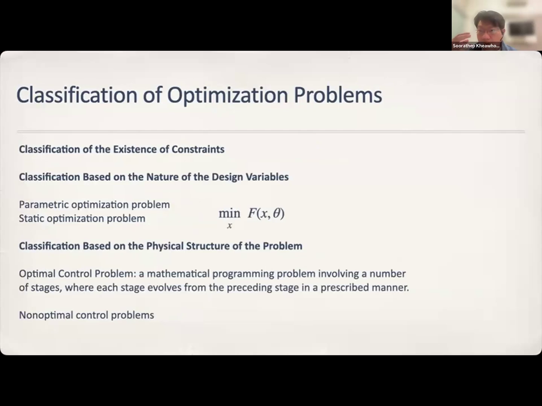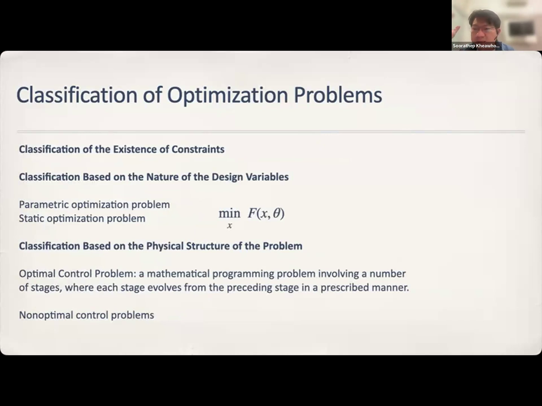If your optimization problem involves constraints, we call it a constrained optimization problem. And if it does not, we call it an unconstrained optimization problem. So you divide it into unconstrained and constrained optimization problems, based on the existence of constraints.